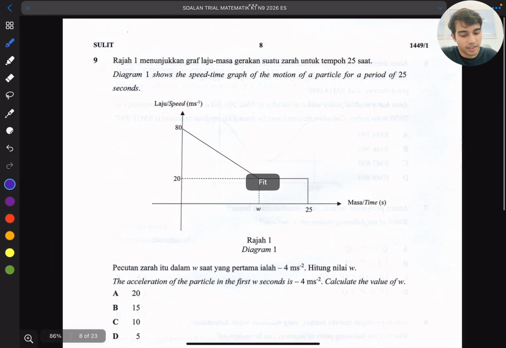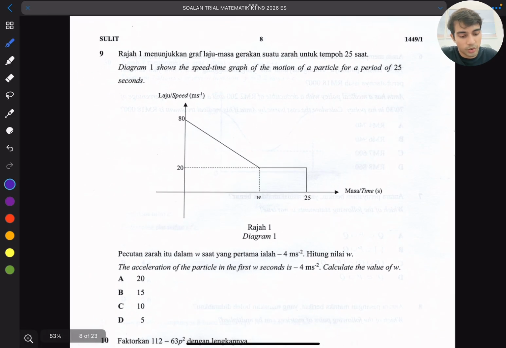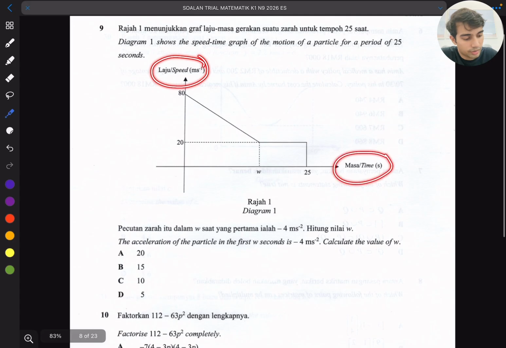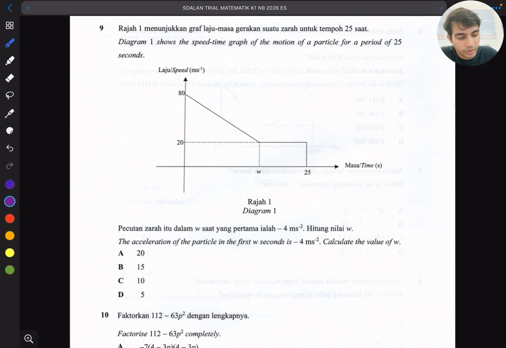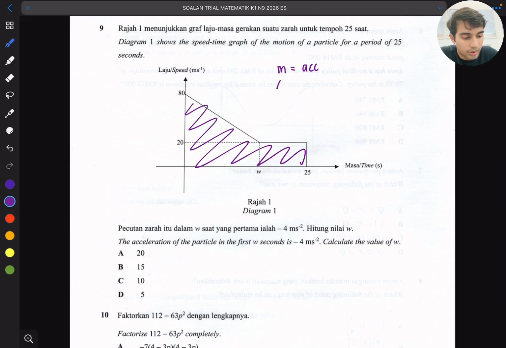Right, question 9. Diagram 1 shows the speed time graph of the motion of a particle for a period of 25 seconds. Okay, this is a speed time graph. So in the speed time graph, gradient represents acceleration and the area under the graph represents distance travelled.